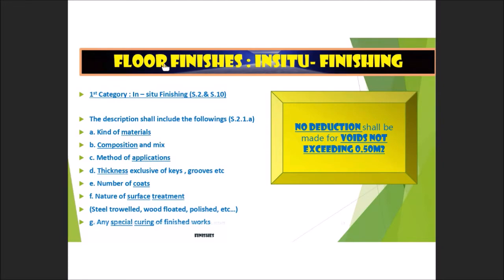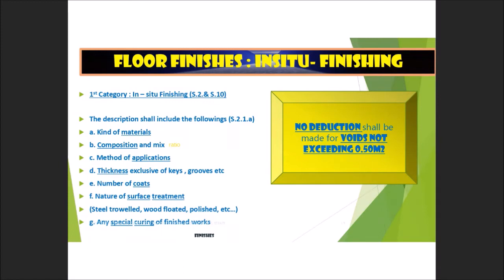That is normally referring to ratio. Method of application, either steel trowel, wood floated, polish, number of coats, thickness of the material, and any special curing material that is required, you have to take note.